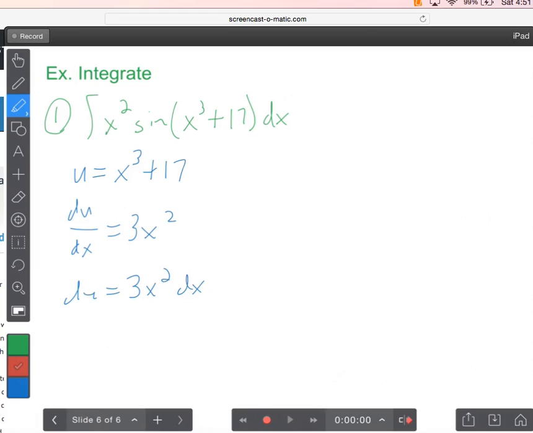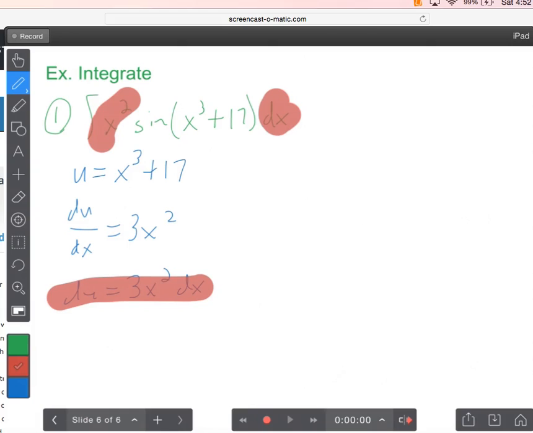I look back at the original integral, and I don't see exactly 3x squared dx. But what I do see here is x squared, and obviously dx. And being off by a constant with du is totally okay. We can make an adjustment to that du so that we'll be allowed to then make our substitution in and get rid of the x squared dx in our original integral.